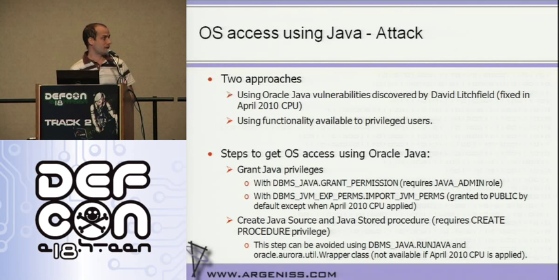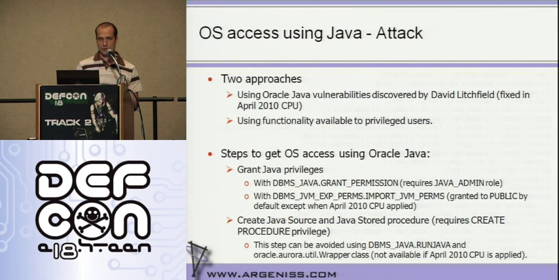Then after we have the required Java privileges, we should create the Java stored procedure that will contain the Java instructions to execute operating system commands. These Java instructions are the standard Java way to execute operating system commands.